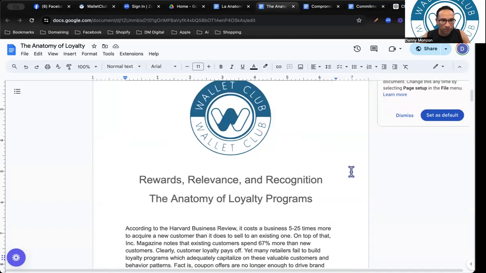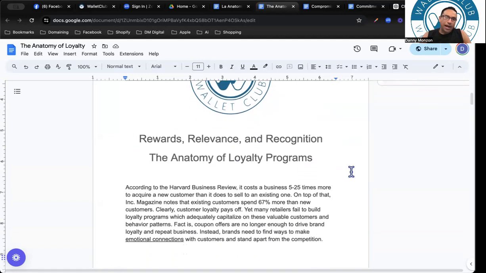And again, I'm not going to go through the whole document. I think it's a few pages, but I'm going to highlight a few things. Some of these things are not just theory. They're backed by reputable resources, such as the Harvard Business Review. This will also help you as a lead magnet.